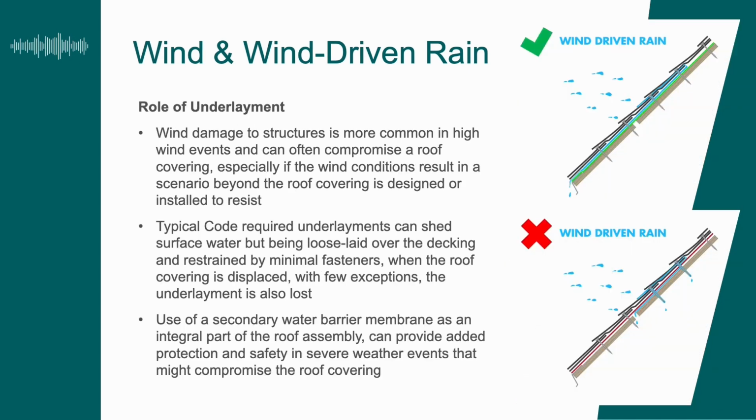Look at these drawings. They're simple, but they give you the idea of why getting a good underlayment underneath the roof covering is important, because when wind-driven rain occurs, it can literally drive underneath an asphalt shingle or other roof covering types, concrete tile, etc., and it's going to migrate under the roof covering.